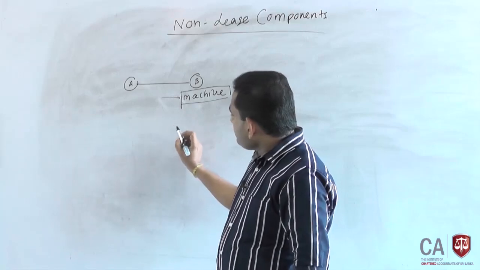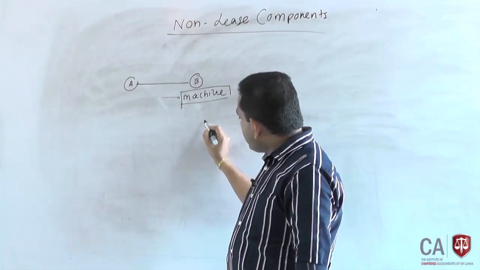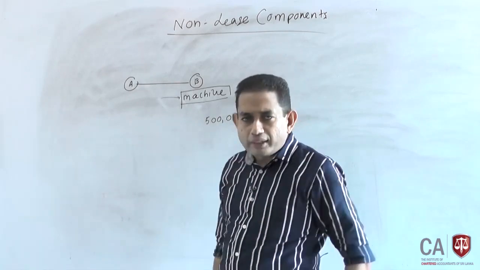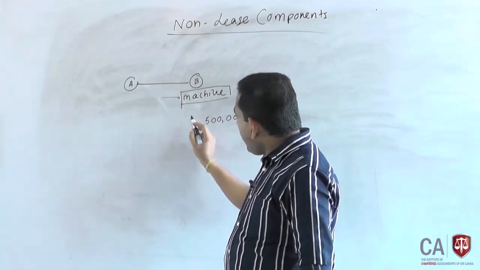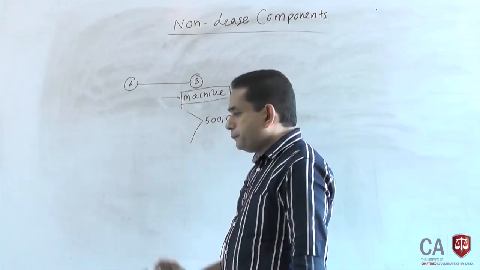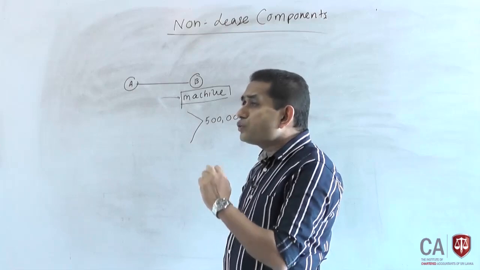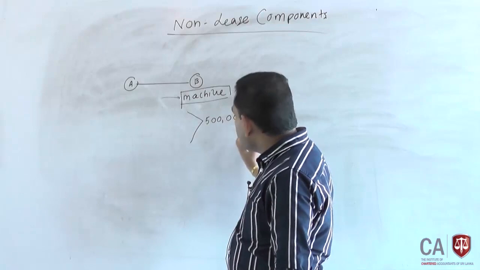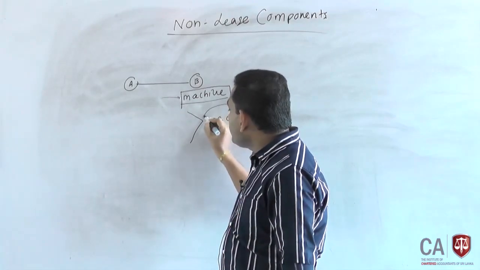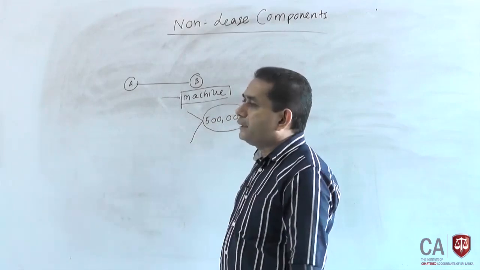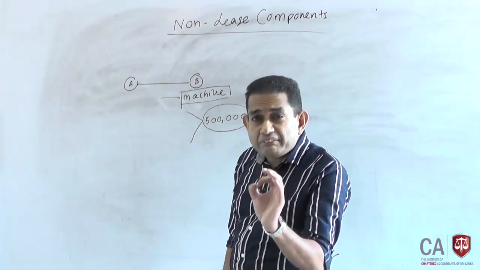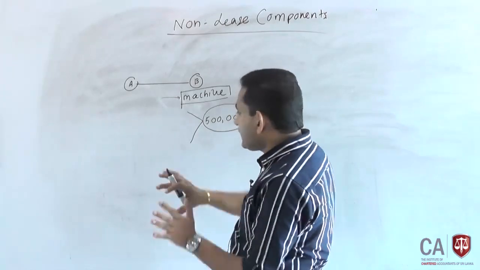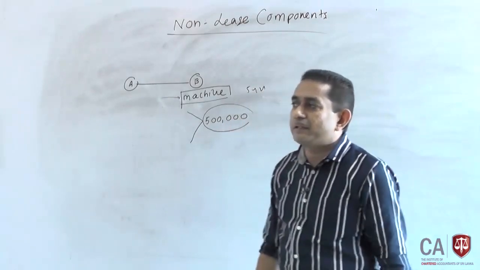So then, if the rental is 500,000 rupees for a year, and the lessor is charging 500,000 rupees as rental including the maintenance, then before you calculate the lease liability present value, the amount attributable to the service has to be removed from 500,000.